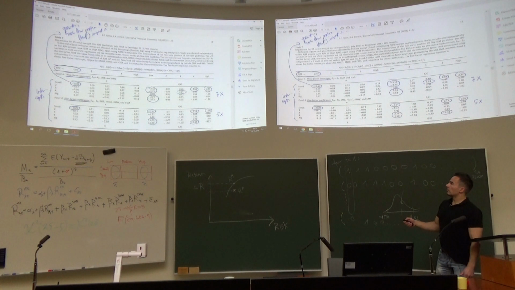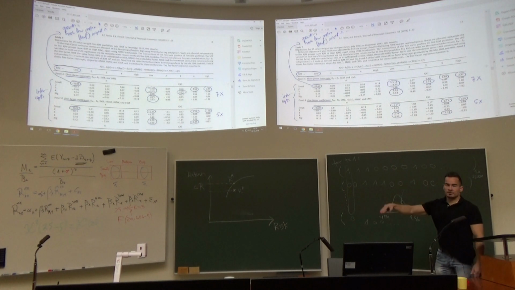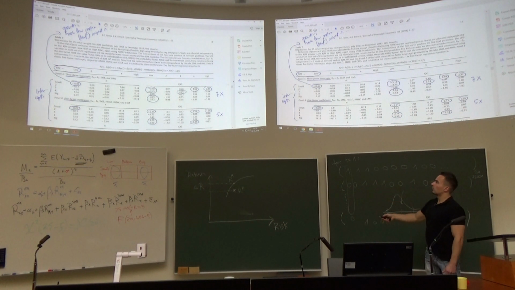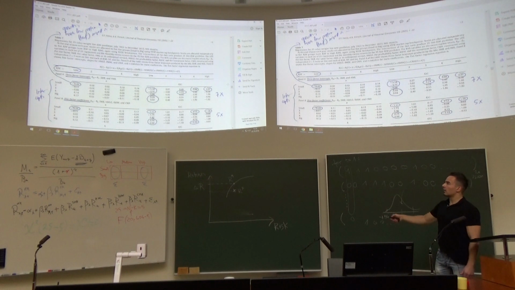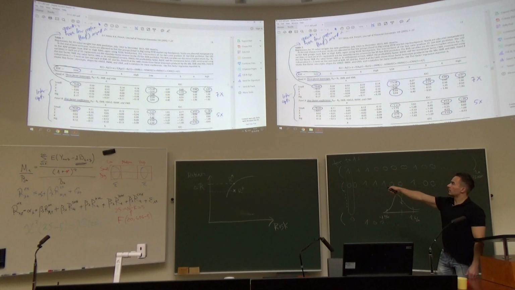And if we just have a look on the right-hand side of panel A in table 5, we see the t-statistic reported for all of these estimated alphas that we see on the left-hand side. And we see there are 7 significant alphas.